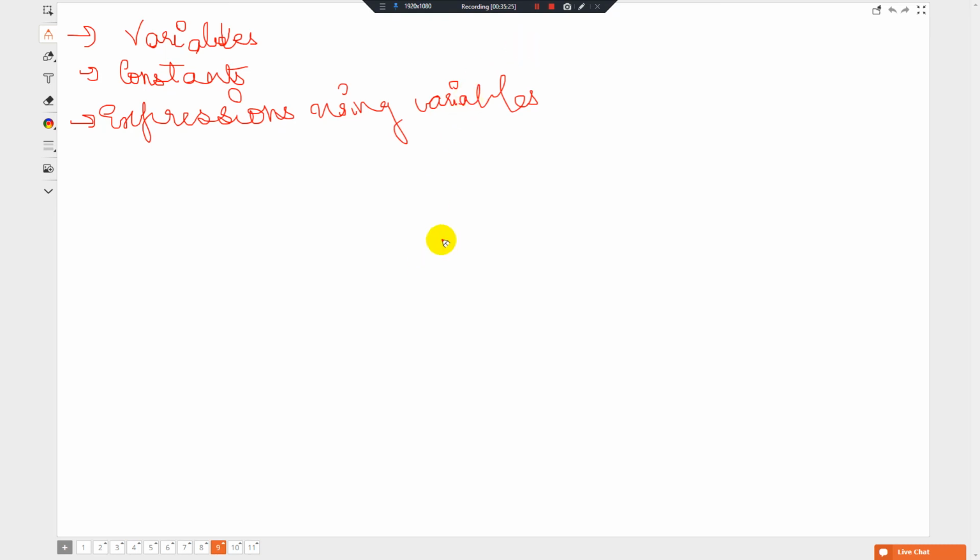We have learned those also, right? And we have recalled literal numbers. We have recalled them.